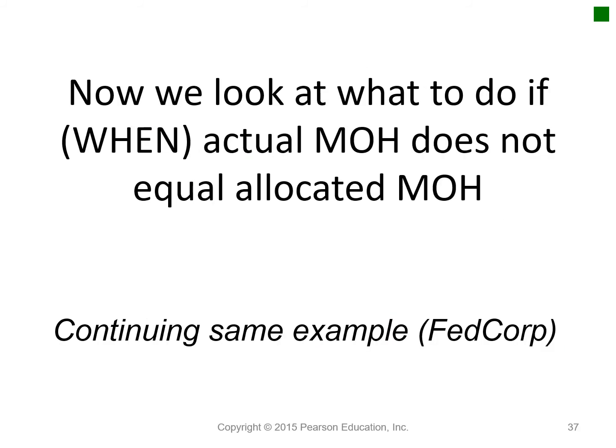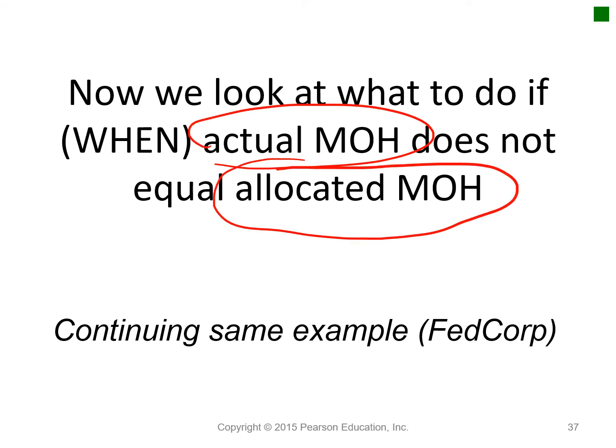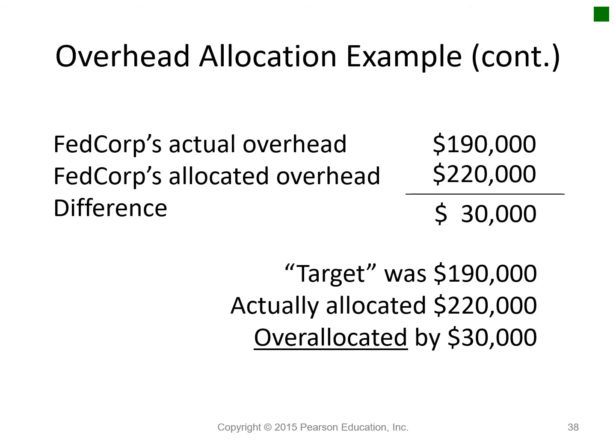Okay, so we're next going to look at what happens when the actual overhead is different than the allocated overhead. So that's going to be the issue again to deal with, is comparing the allocated overhead that went into the jobs versus the actual expense of the overhead that you actually incurred, and what do you do with the difference? Okay, so in this example, we had actual overhead of 190,000 and the allocated overhead was 220.